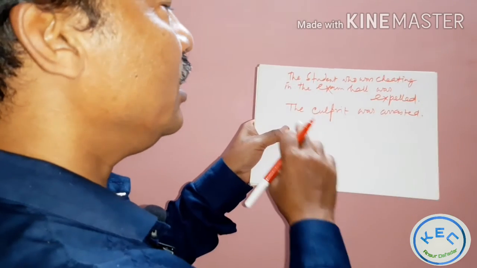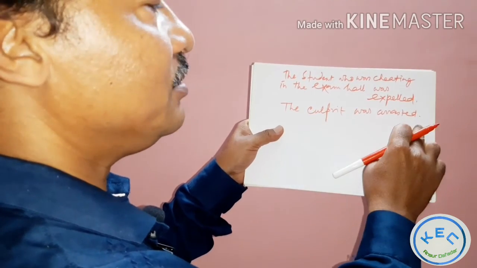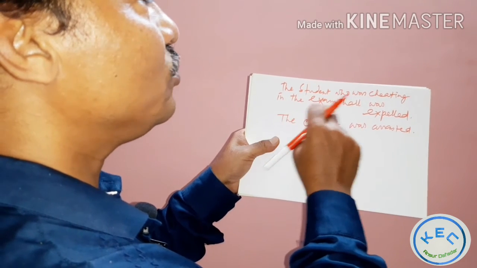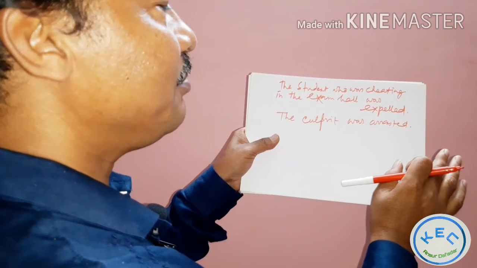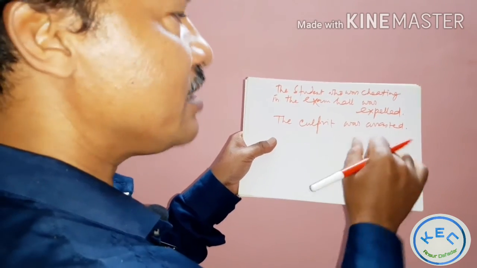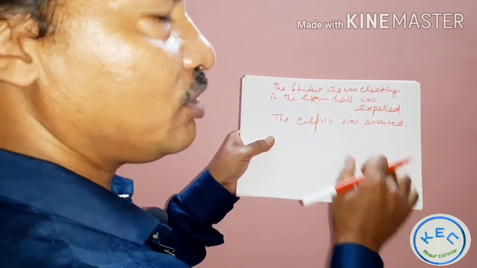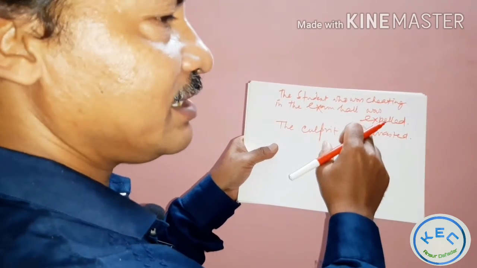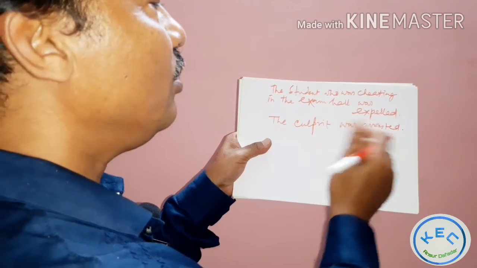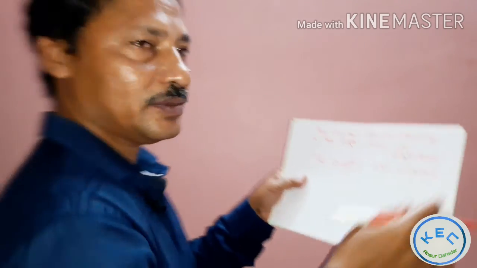We should not use 'the police arrested the culprit' or 'the invigilator expelled the student who was cheating in the examination hall'. Better to use passive voice sentence because we know who took these actions. So this is another case of using passive voice sentences.